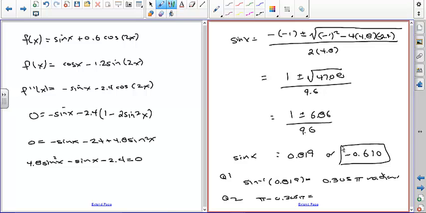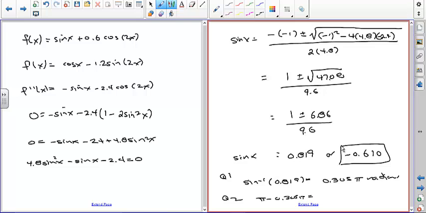So how would you get quadrant 3? You take the inverse sine of 0.610, and then you convert that. So let me show you. To get the third quadrant solution, you use the other number.